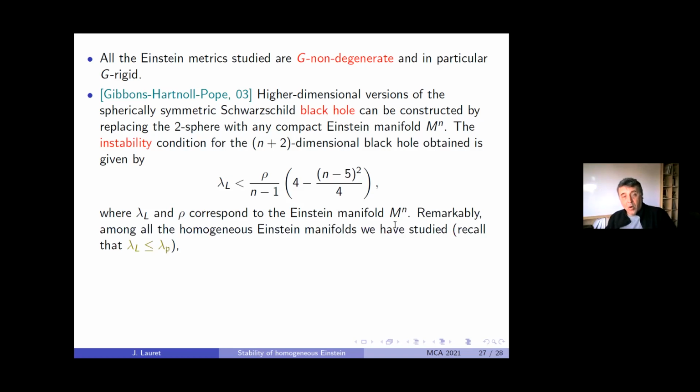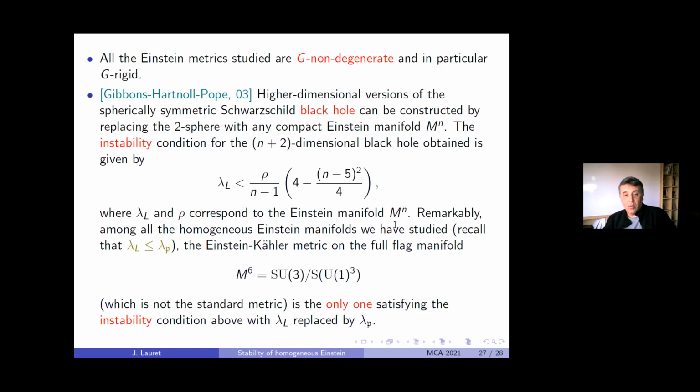But from all the Einstein metrics we studied, only this space, which is a full flag manifold, SU(3) over the maximal torus, a 6-dimensional homogeneous space, very simple, very famous, is the only one for which the inequality is satisfied by lambda P. But recall that lambda L is less than or equal to lambda P. So if lambda P satisfies this, then you get instability for the black hole.